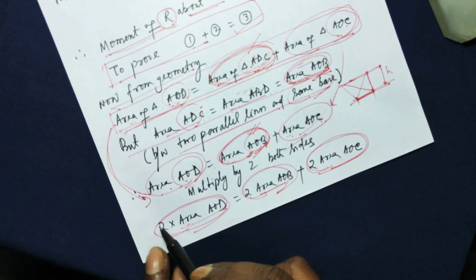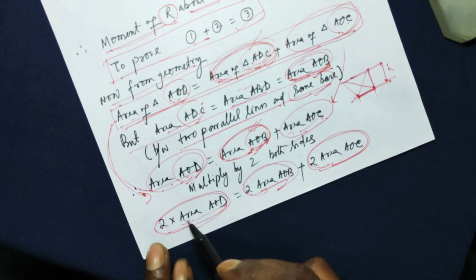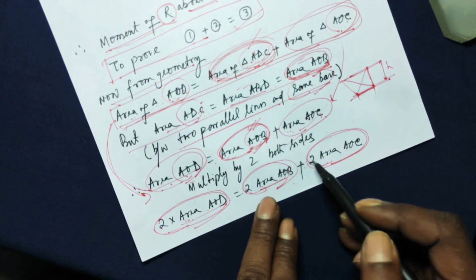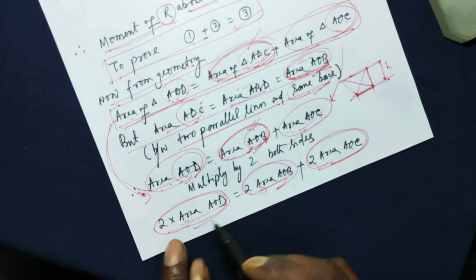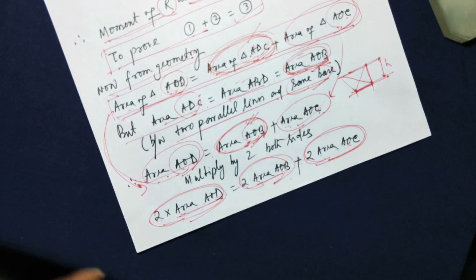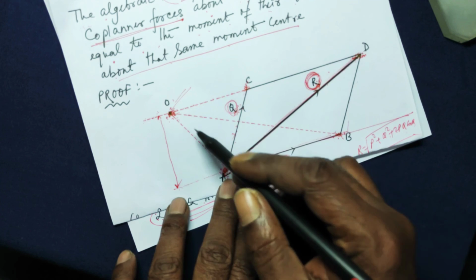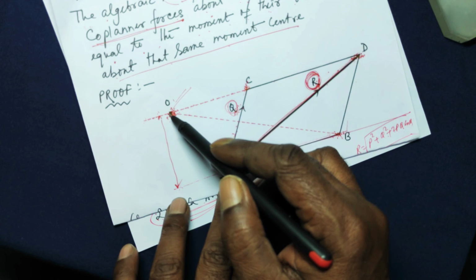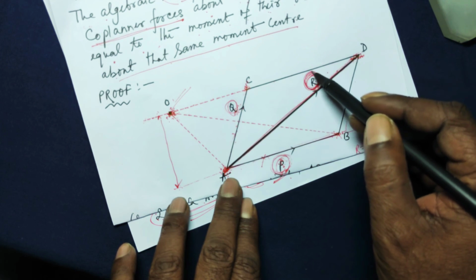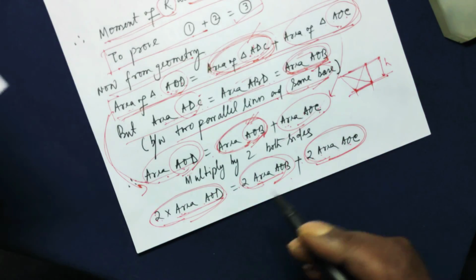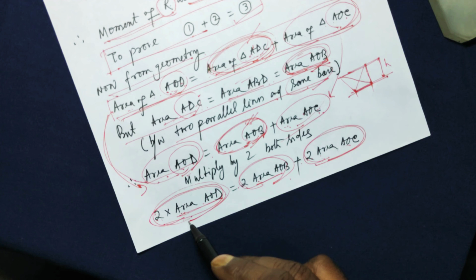So what do I get? 2 times area AOD is equal to 2 times area AOB plus 2 times area AOC. And 2 times area AOD, where this is the base and this is the vertex, is the moment of the force R, that is the resultant of P and Q about O. So the left side represents moment of the resultant R about the moment center O.